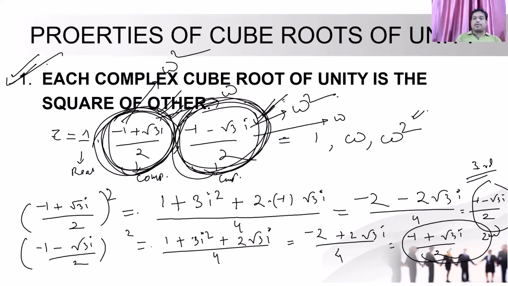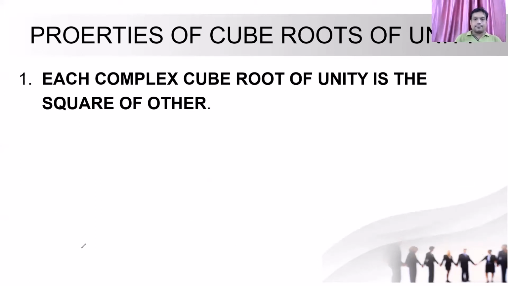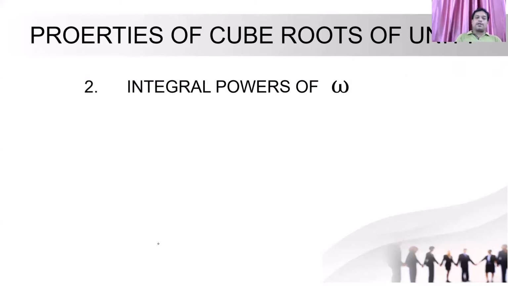So come to the next property. Property number 2: integral powers of omega. Since we know omega satisfies z cube minus 1 equal to 0, because from z cube minus 1 equal to 0, after solving we get 1, omega, omega square.